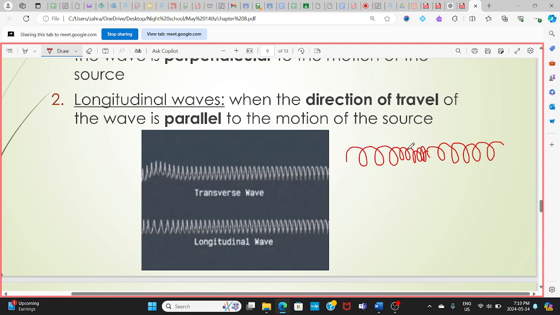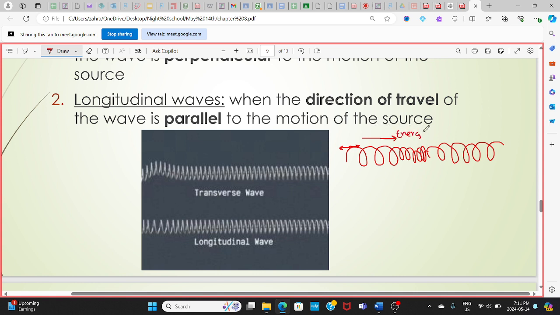At the position where they are very close to each other, we have a maximum energy, and at a position that is very stretched, we have a minimum. The particles here are vibrating back and forth, and energy is moving forward, right?